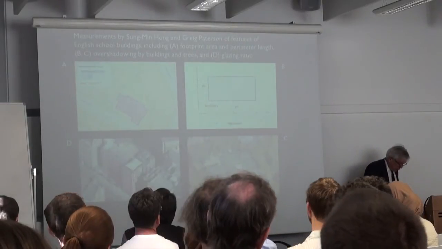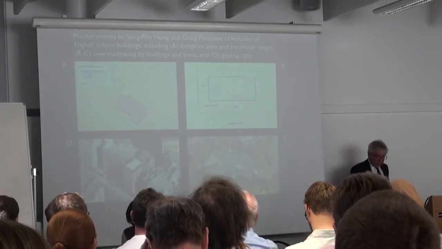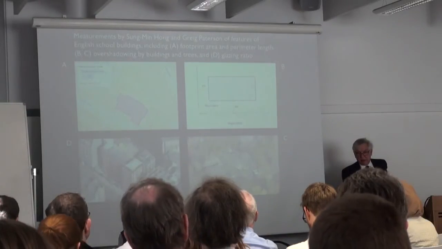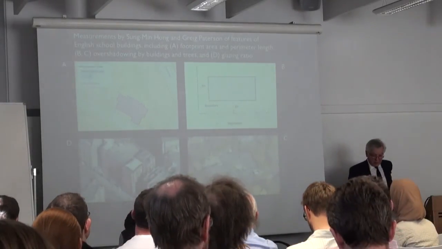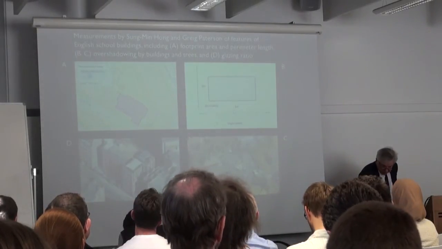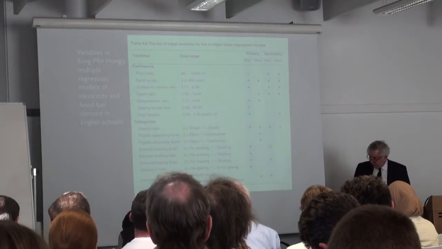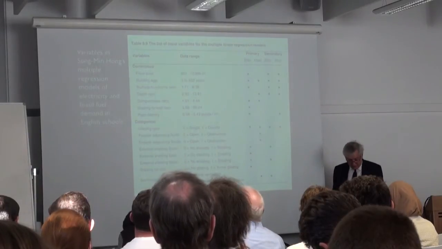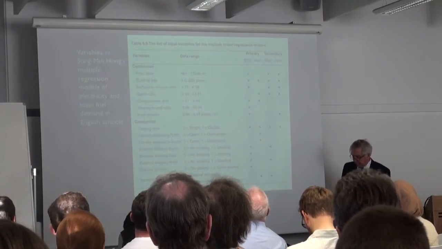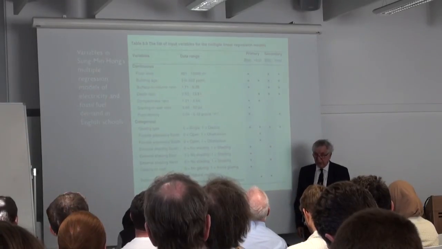And they made a lot more other measurements. And Sung-Min has developed a long list of characteristics from the literature that might be expected to affect energy use in schools, not just these geometrical ones, but others, and has looked at the correlations of those measures with electricity use and gas use, or fossil fuel use for heating in primary schools and secondary schools, and has retained those variables that had a measurable impact.